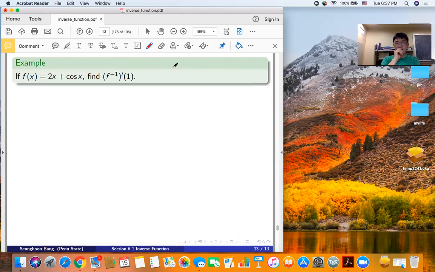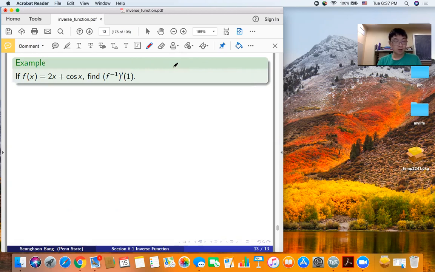So I think why you answer no is because of the cosine function. Cosine function is oscillating between 1 and minus 1. 2x is just an increasing line. You can combine these two functions. What happens? Is it 1-to-1?